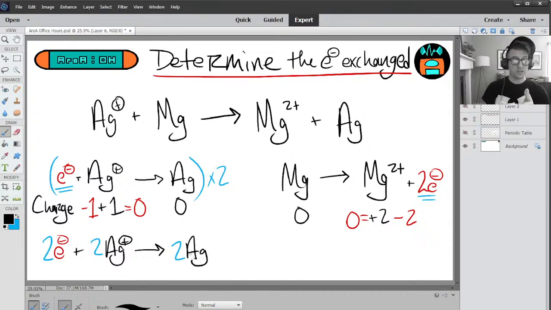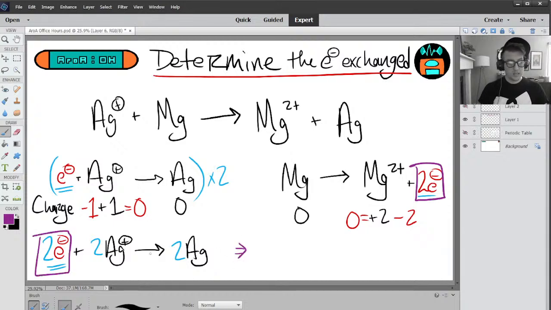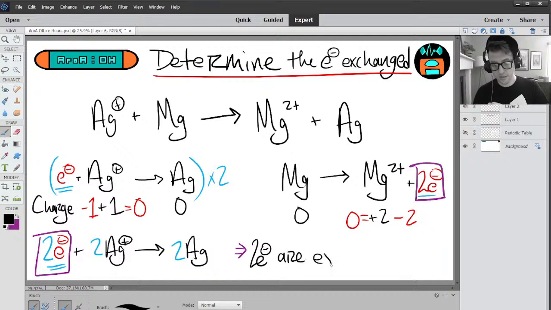Now our electrons are balanced because we are consuming the same number of electrons that we are producing. And that number is 2, and that is the answer that this problem is looking for. 2 electrons are exchanged in this redox reaction.